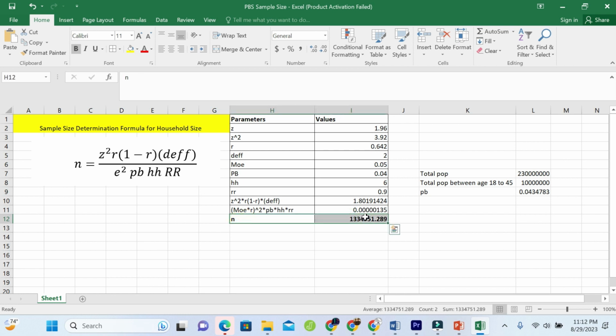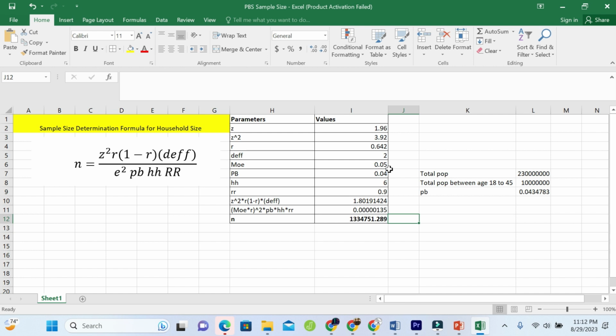It's a large sample size, around 10 lakh or 13 lakh households. This survey will be conducted countrywide, and the sample size we calculated based upon these parameters is around 10 lakh households that will be targeted in this study.